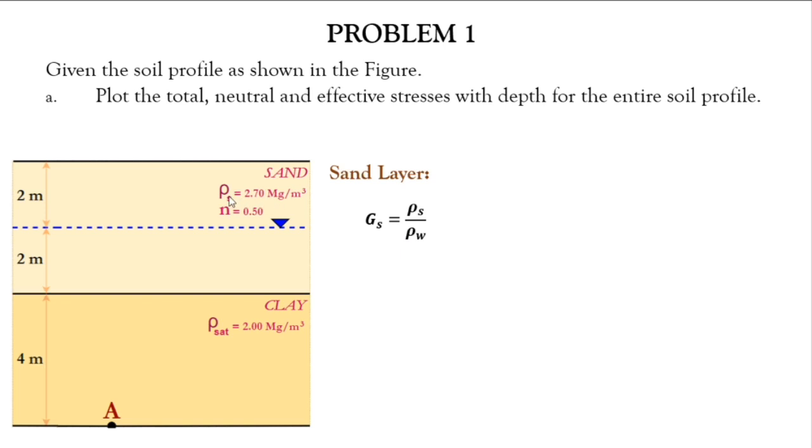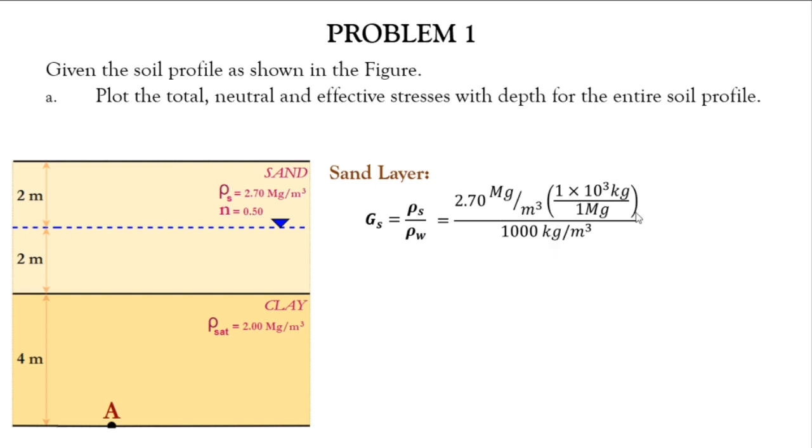So we just have to plug in the value of the density of the soil solid and convert it to kilograms, since naka megagrams pa naman yung given. So we have 2.7 and then convert lang natin to kilogram, so that ang gagamitin natin unit weight of water, or the density of water, is 1,000 kilograms per cubic meter.